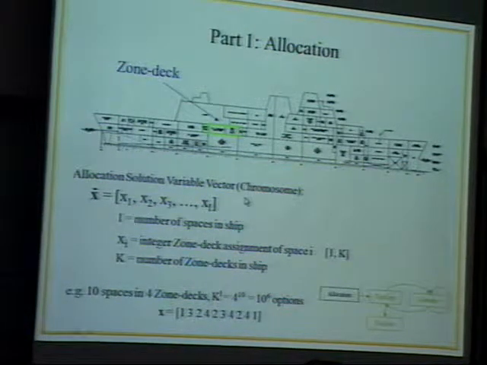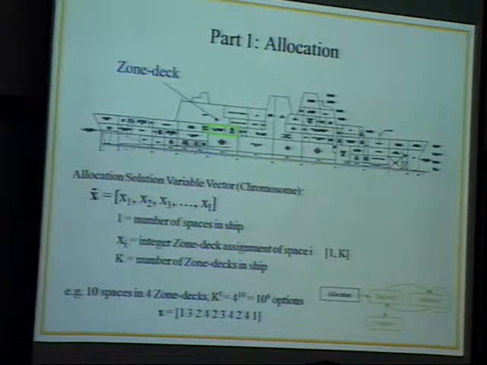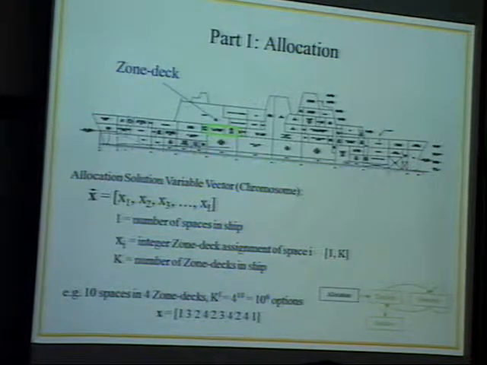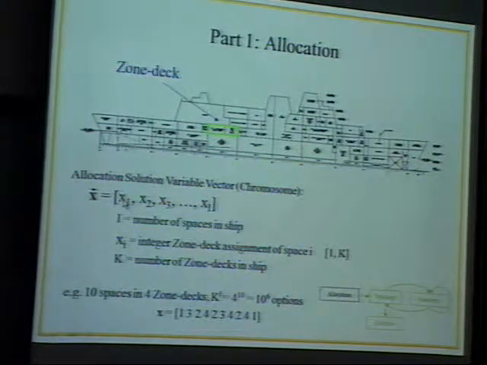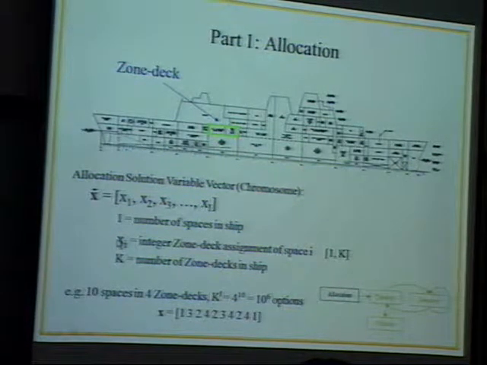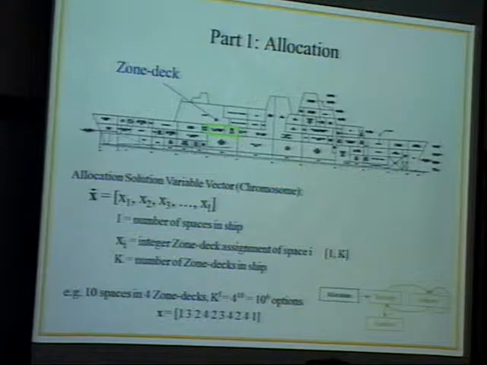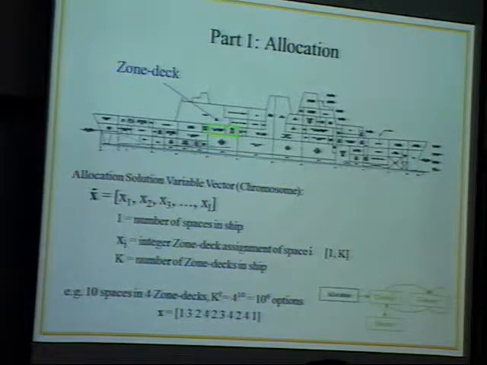So, as I mentioned, we had about 600 spaces, so the length of the chromosome is the same as the number of spaces in a ship, and each one indicates the location.